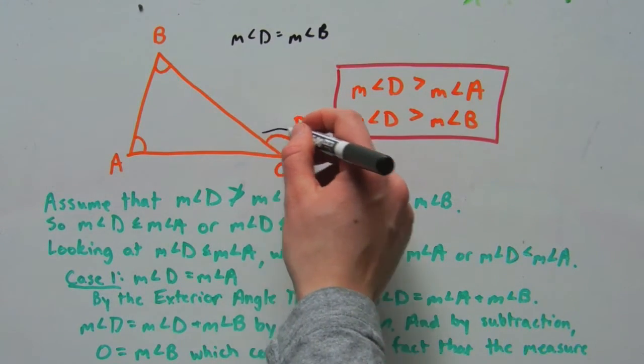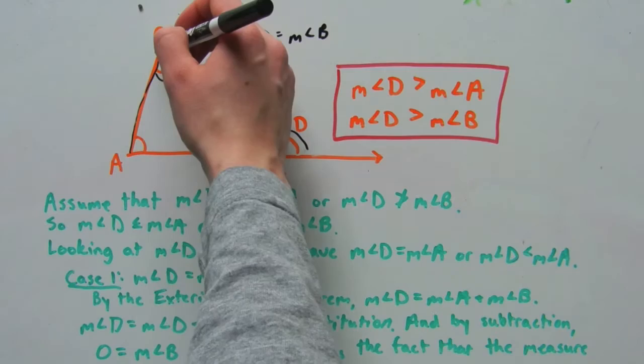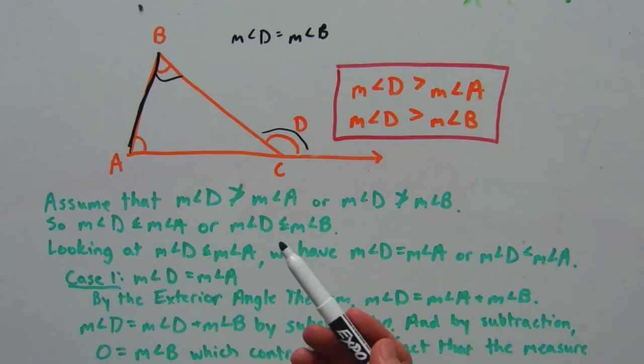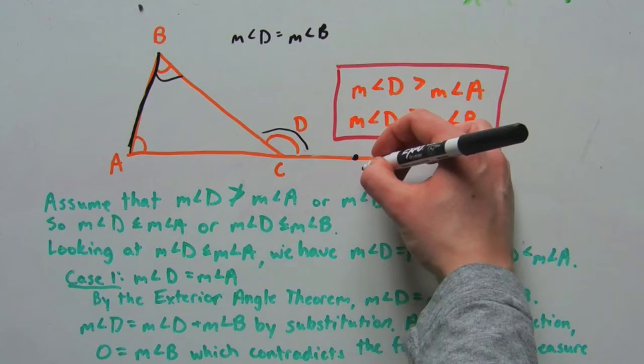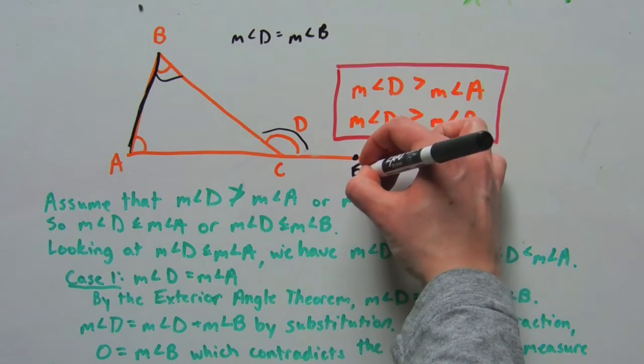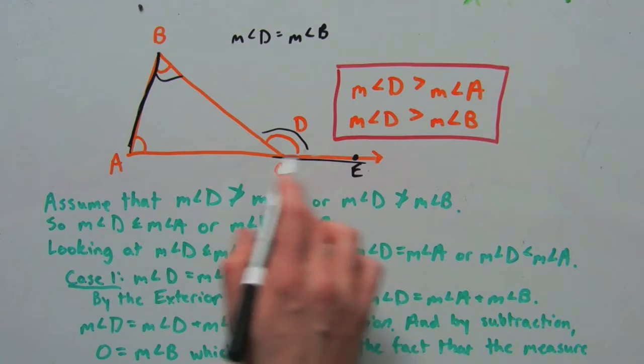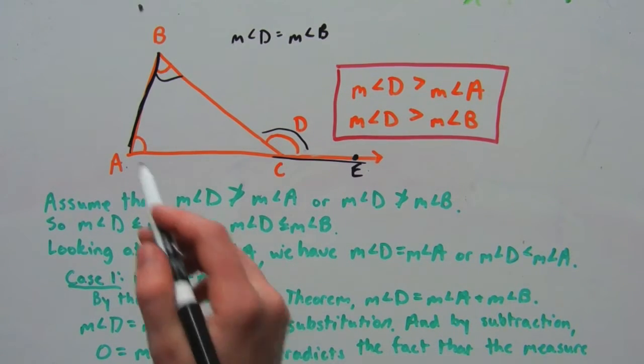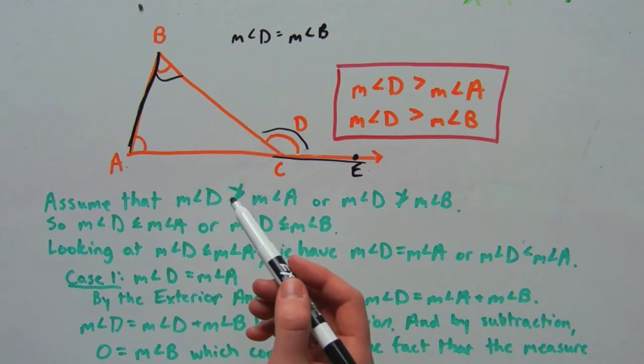Because these two angles are equal, that means that this line, BA, is parallel with this line, let's say CE, or AC. But we know that those two are not parallel.